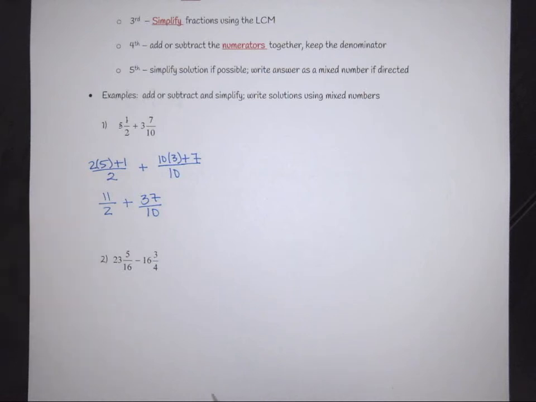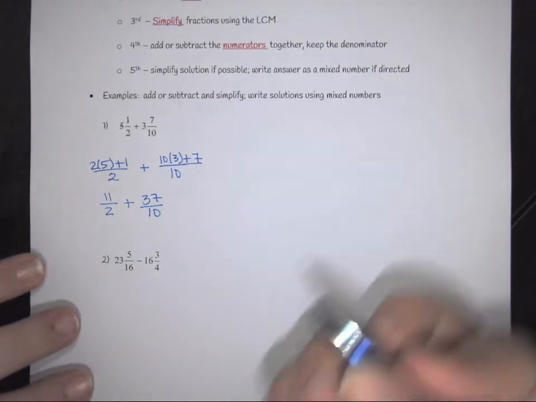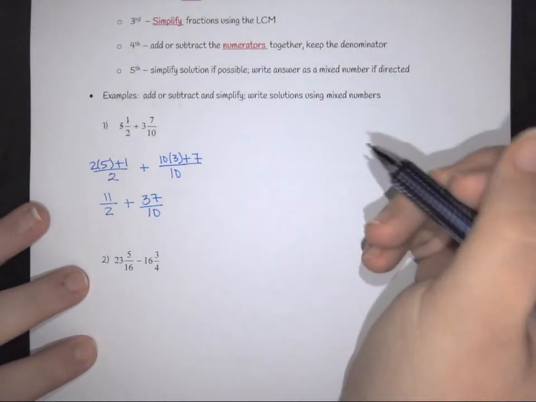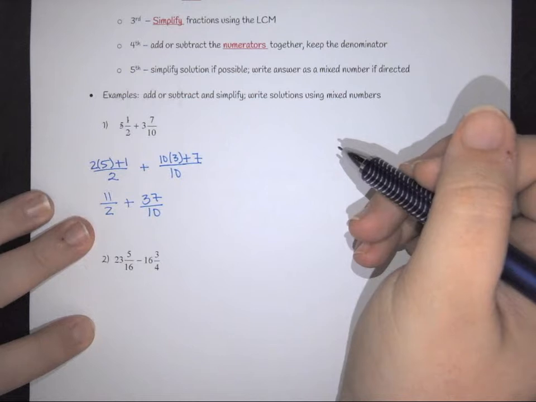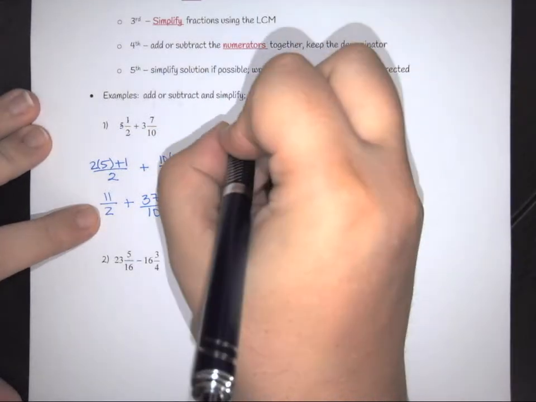So I can skip the divide-by-primes part and just simply go to creating my fractions to be the same. So in order to change 2 into 10, I have to multiply by 5.